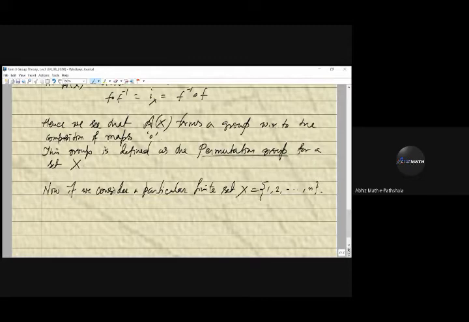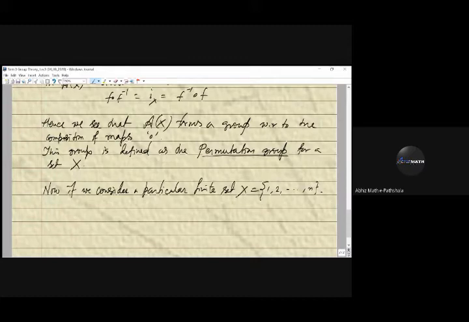Just consider n many objects. And for our convenience, we are considering these numbers 1 to n.